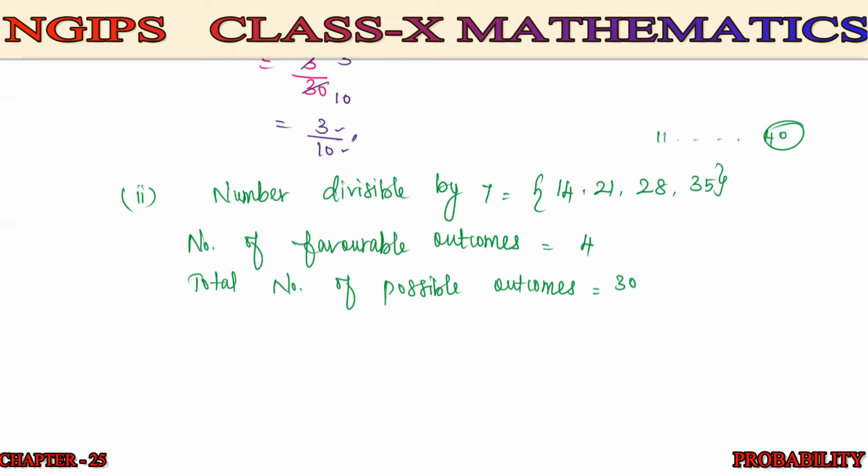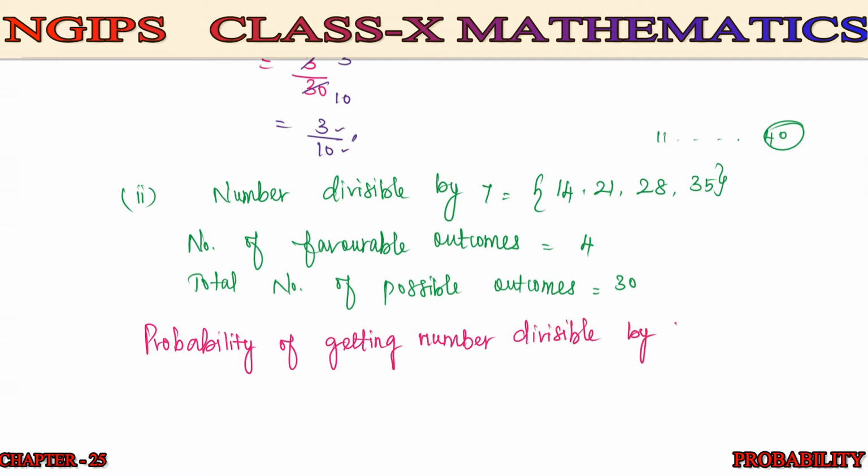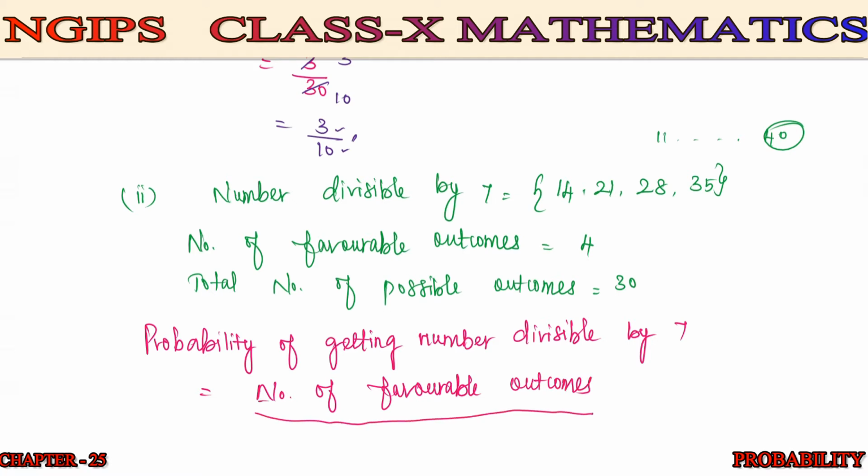Next we need to find the probability of getting numbers divisible by 7, which is equal to number of favorable outcomes divided by total number of possible outcomes.